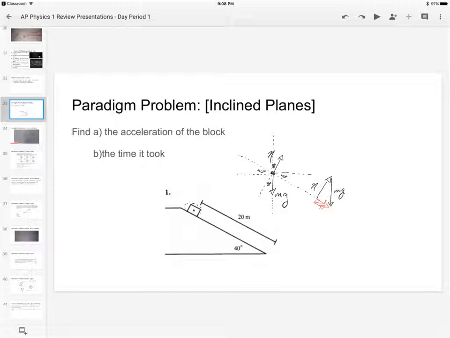And there it is right there. I drew it in red. That's going to be my net force. In other words, my vector that is normal plus weight, and it's going to have a magnitude of ma.